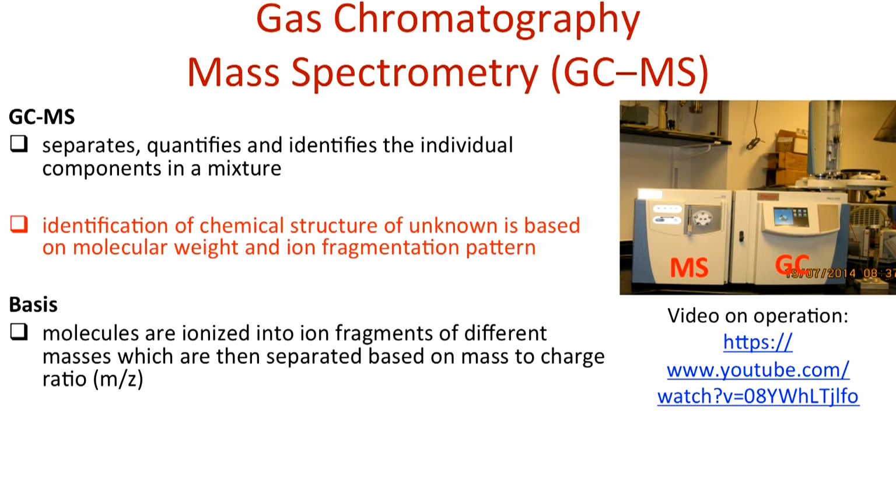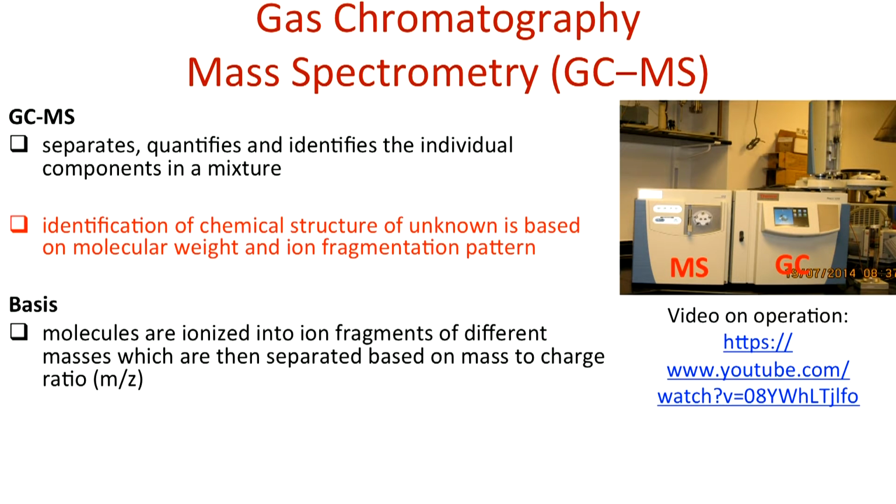And this identification of the structure is based on the molecular weight of the molecular ion formed, as well as the different fragment ions. So the basis for GCMS is that molecules are ionized into ion fragments at different masses, which are then separated based on their mass to charge ratio.